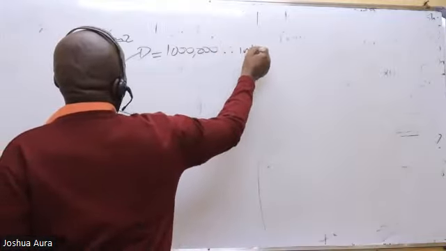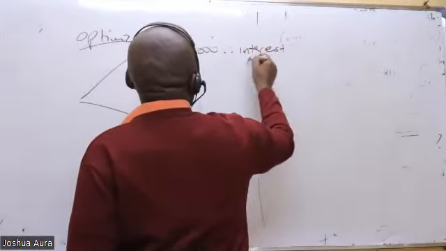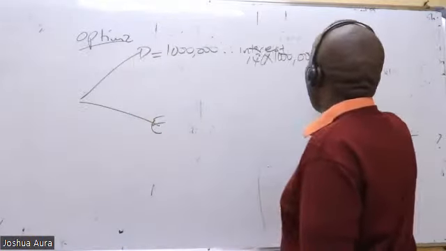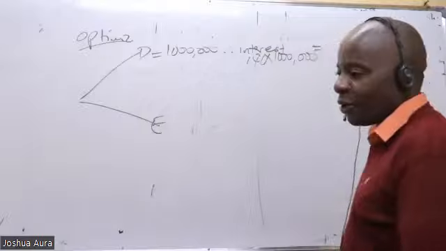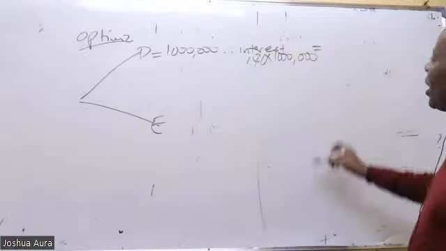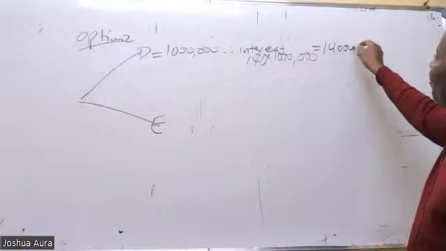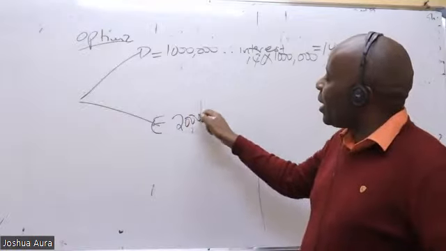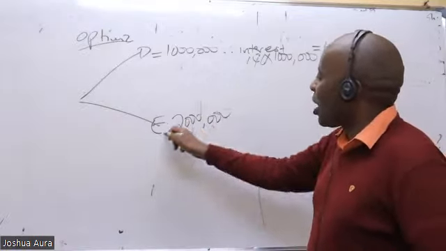Therefore, the interest, they have told you it's 14%. So 14% of 1 million gives me how much in terms of interest? Interest on bond, yes, it's 140,000. Thank you very much. Remember, in total, these guys need 3 million to be able to come and compete with us.